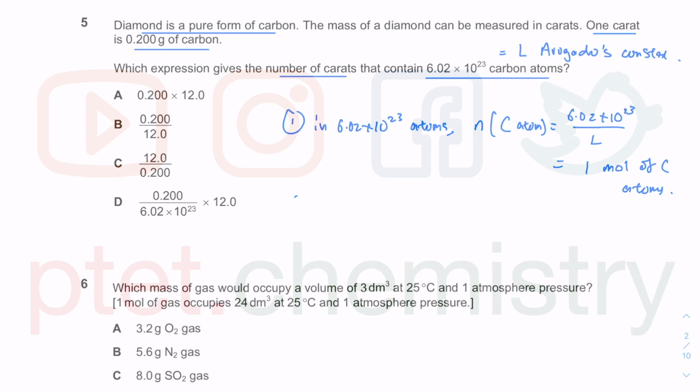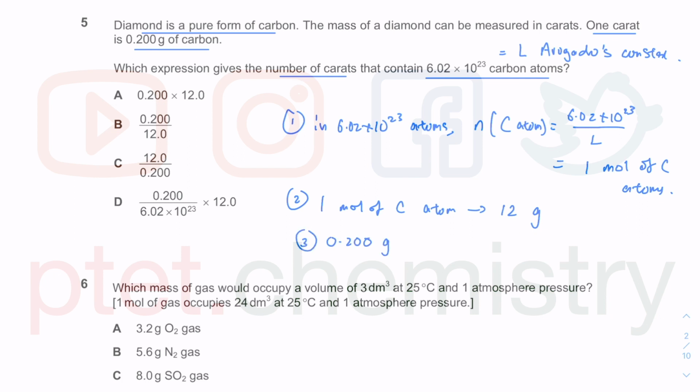So what do we know? Number of carats that contain 6.02 times 10 to the 23. So in 1 mole of carbon atoms, you have 12 gram, because that is the relative atomic mass of carbon. So 1 carat is 0.200 gram.